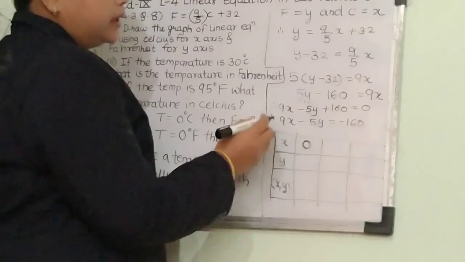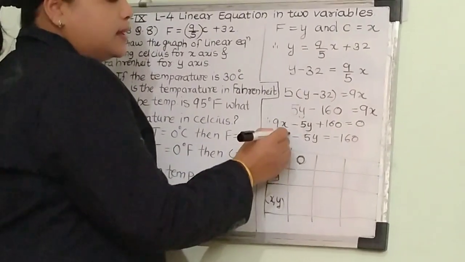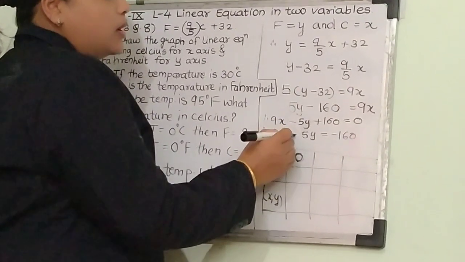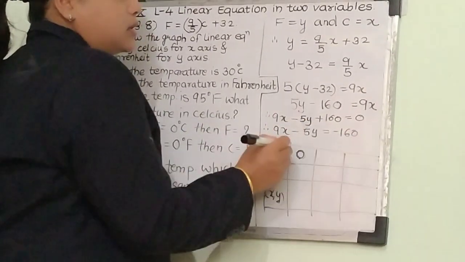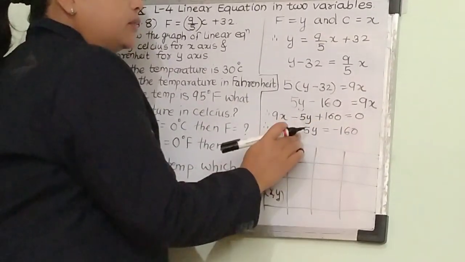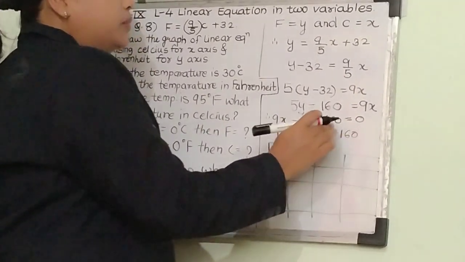So what happened here? 9 into 0, this term becomes 0, minus 5y equals minus 160. This minus sign will be removed. Then 5 will go to the other side, it becomes divide.